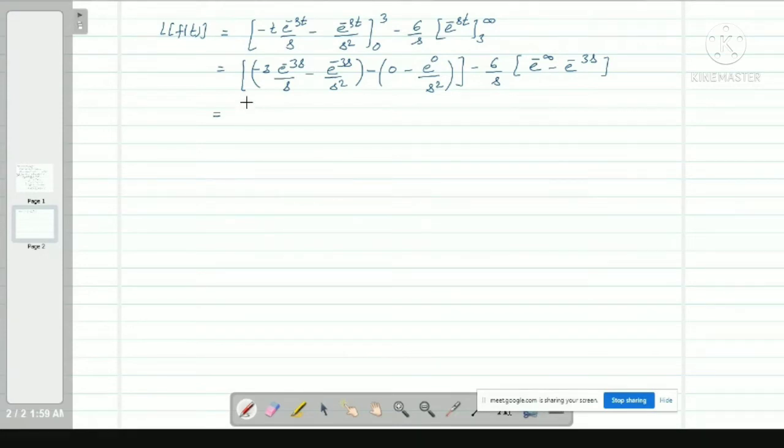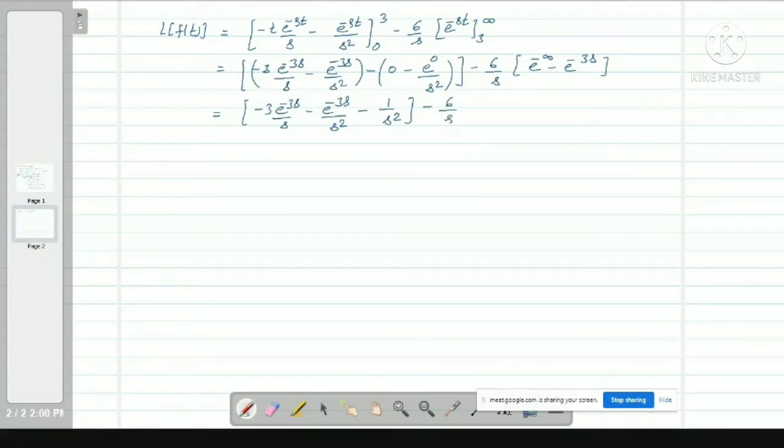So you will have minus 3 e raised to minus 3s by s, and minus e raised to minus 3s by s square, and minus, see here, minus and minus is plus, e raised to 0 is 1, so this is 1 upon s square. And minus 6 by s, and here e raised to minus infinity will be 0, and minus e raised to minus 3s.